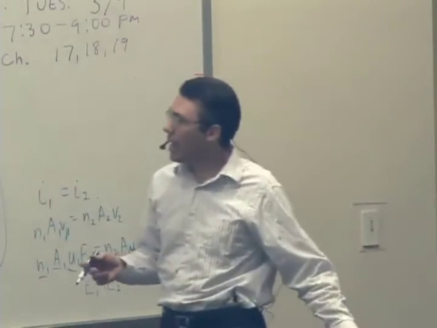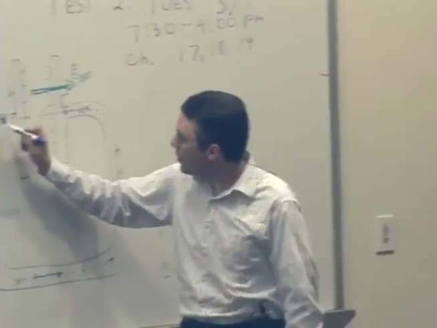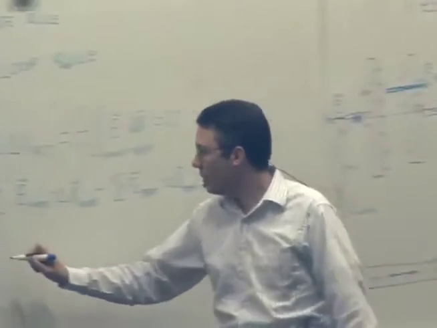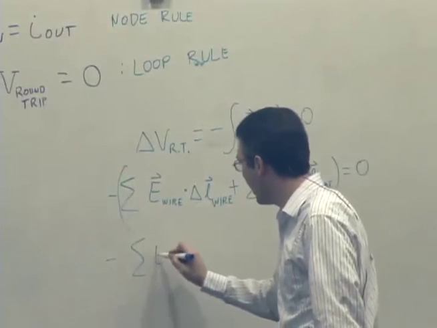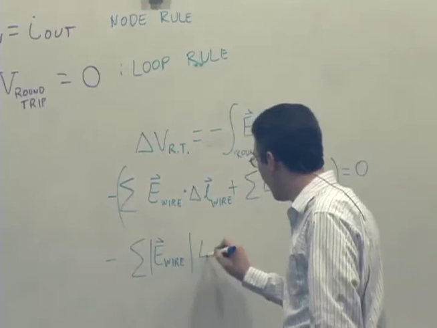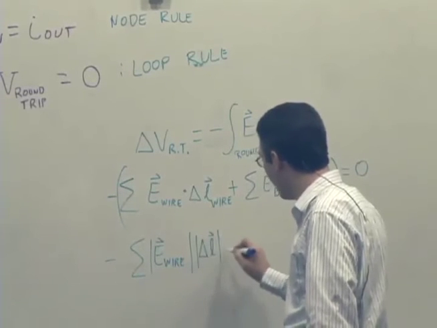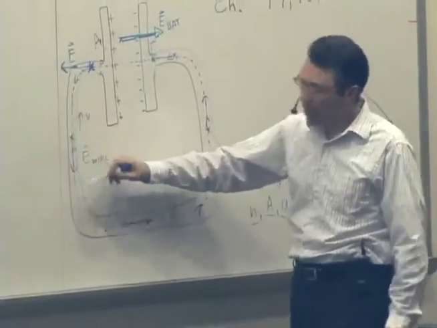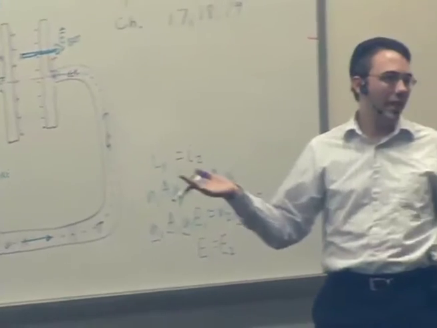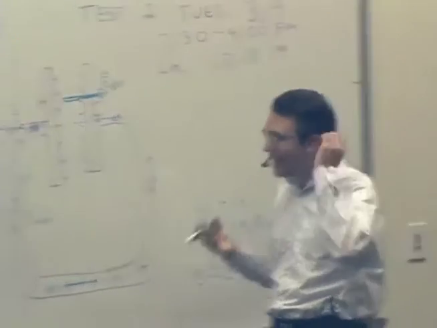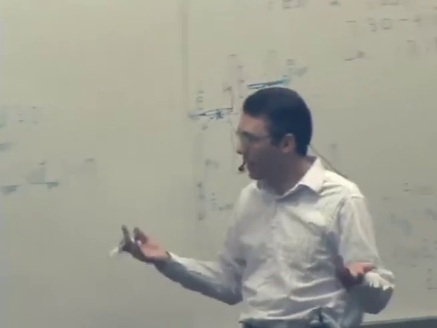And if I'm choosing a path that follows the electric field, think about doing that dot product: the magnitude of the electric field inside the wire times the magnitude of the length of the wire times the cosine of the angle between the two vectors, right? That's what we mean by taking a dot product. Well, if my path is always following the electric field, what's the angle? 0, right? And so it's just going to give me E times delta L.